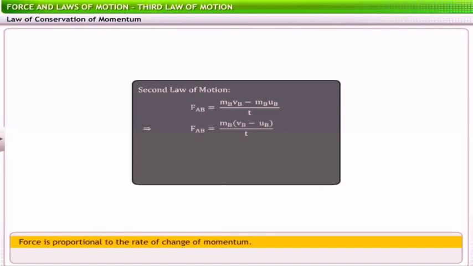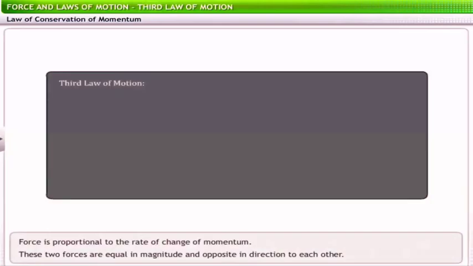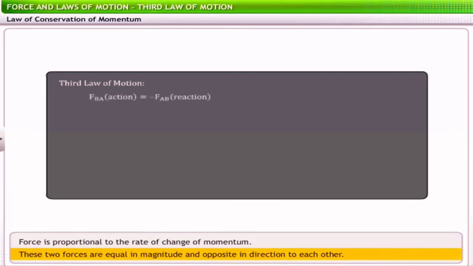Upon collision, the force exerted by A on B, FAB, is equal to MB multiplied by (VB minus UB) divided by T. Similarly, the force exerted by B on A, FBA, is equal to MA multiplied by (VA minus UA) divided by T. According to Newton's third law of motion, these two forces are equal in magnitude and opposite in direction to each other.